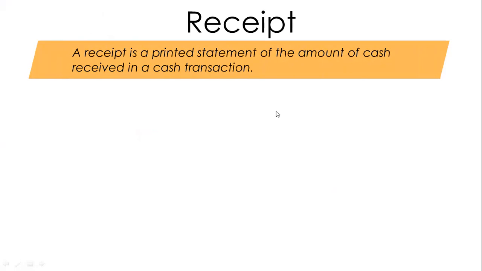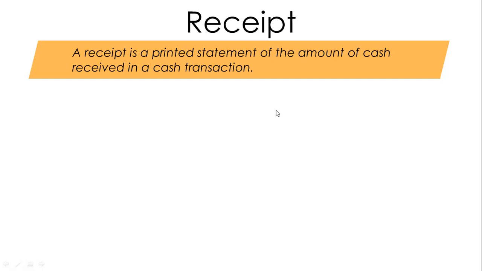When you travel by bus, normally when you make the payment, you have to receive a bus ticket. That is the rule. That is to prove that you have made the payment.